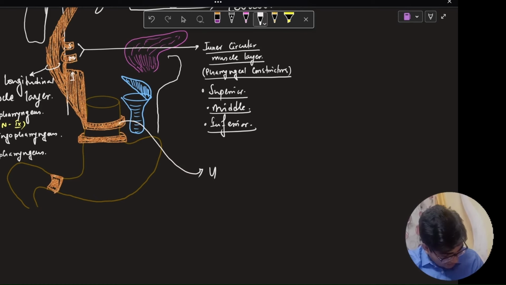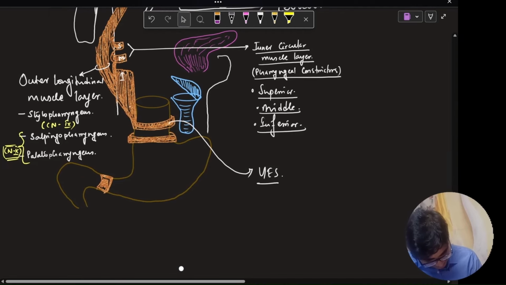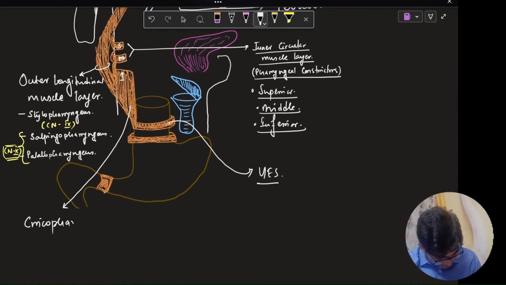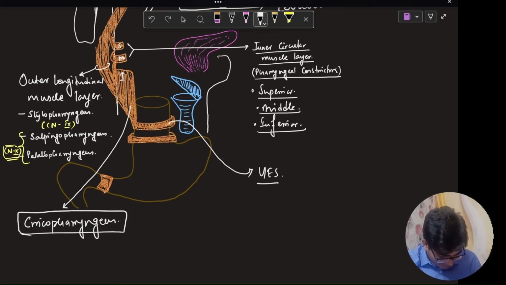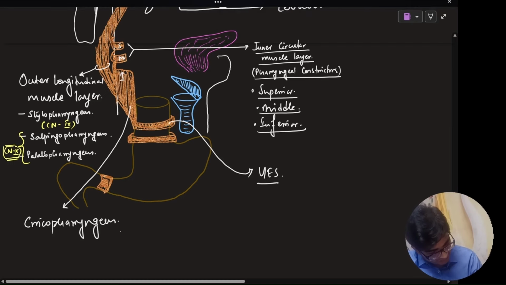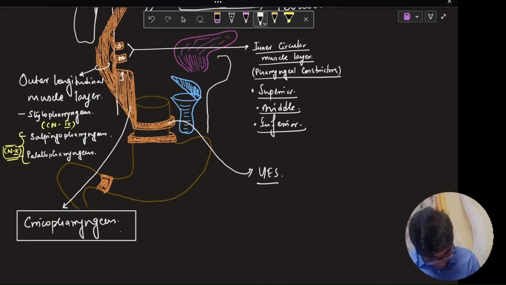It is the upper esophageal sphincter, and this inferior constrictor muscle has got a part, I think you know, and that is the cricopharyngeus muscle. So you have got this cricopharyngeus muscle here.